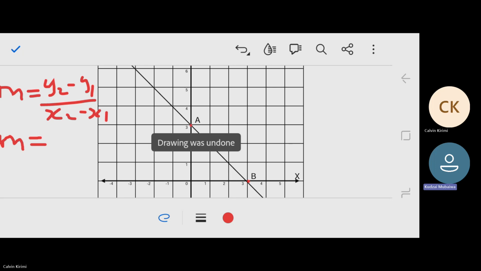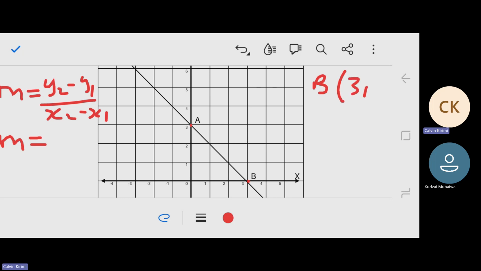Using B. But the y is 0 there, how can it be positive? Aren't the coordinates of B x is 3, y is 0? And for A, x is 0, y is 3. Okay, yes, sir.